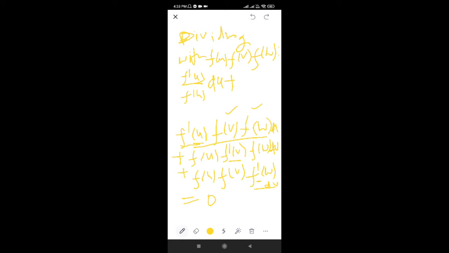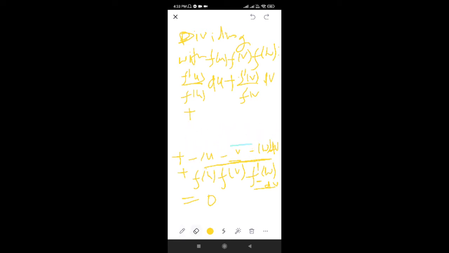Next you take this second term and divide it with fu, fv, fw. All the unprimed terms will be cancelled. That means this fu and this fw will be cancelled. You are going to get only f prime of v by fv dv, right? Plus, now you see only the third term.